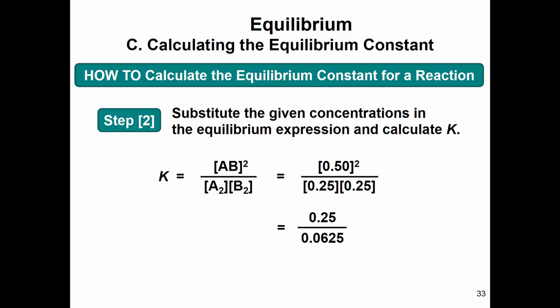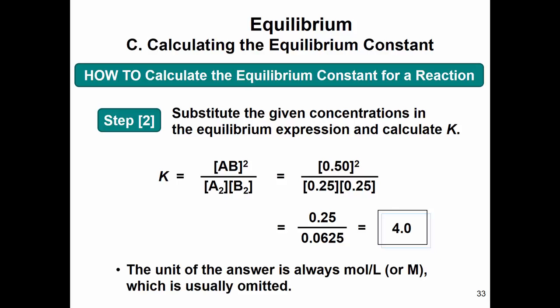So you get 0.25, and then you divide it by 0.25 times 0.25, and we should get 4. We get 4.0 because we need 2 sig figs, since we had 2 sig figs in our concentration values.